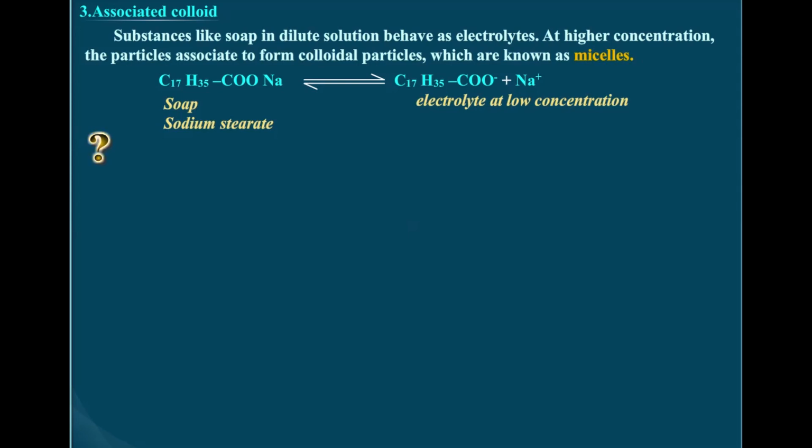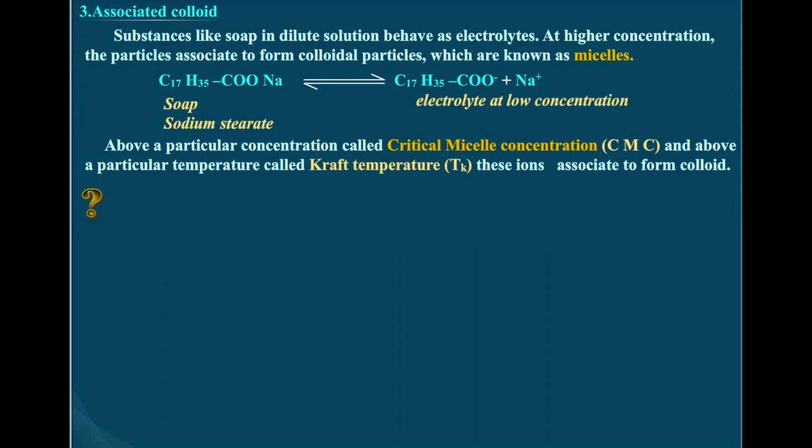At low concentration, they behave as ions, simply Na+ ions and C17H35COO- ions in the solution. Above a particular concentration, when the concentration of soap is increased, called the critical micelle concentration or CMC, and above a particular temperature called Kraft temperature, these ions aggregate, as I told you earlier, to form colloid.